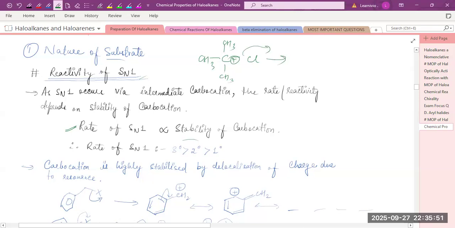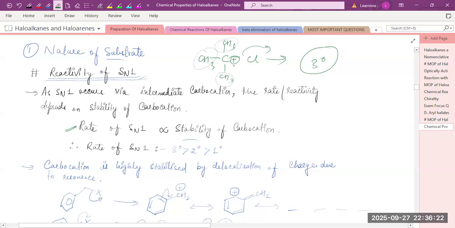So this is the tertiary carbocation. What happens over here? This tertiary carbocation is more stable. This carbon has more positive character, and the three CH3 groups try to stabilize this carbocation.